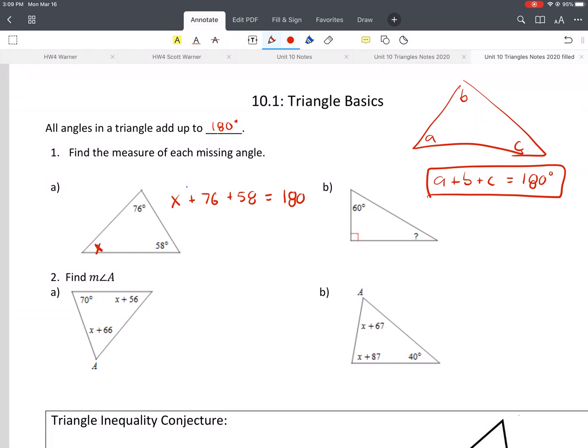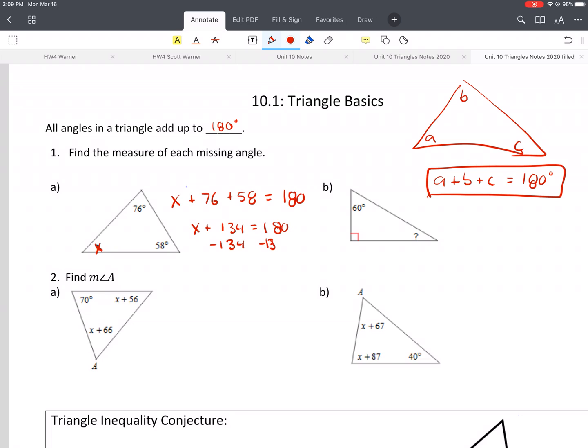How you go about solving this is up to you. You could subtract 76, and then subtract 58, or you can combine like terms first. If we combine like terms, 76 plus 58 gives us x plus 134 equals 180, and then we'd subtract 134.